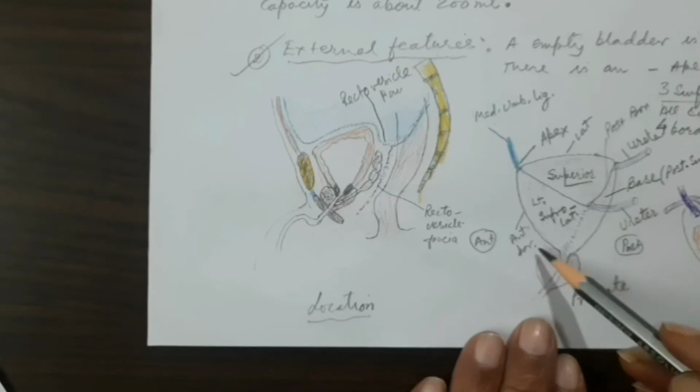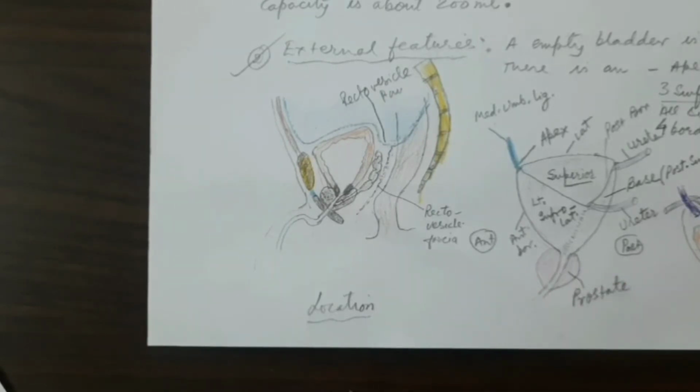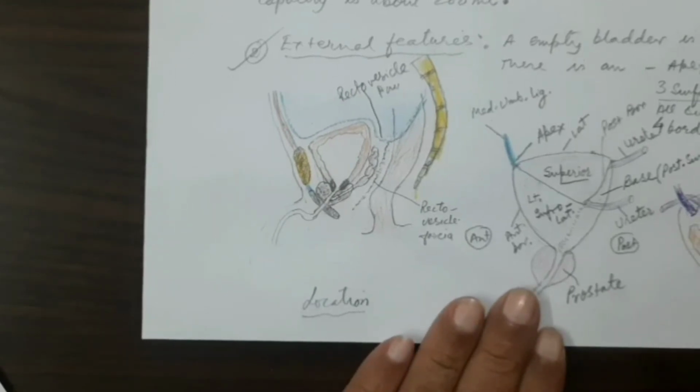Here will be the pelvic fascia, and the neck will rest on the pelvic fascia. Still lower down will be the urogenital septum, that is the sphincteric external urethral sphincter, and then the perineal membrane. They will be in relation to the neck in the female. So this is the relation of the neck.